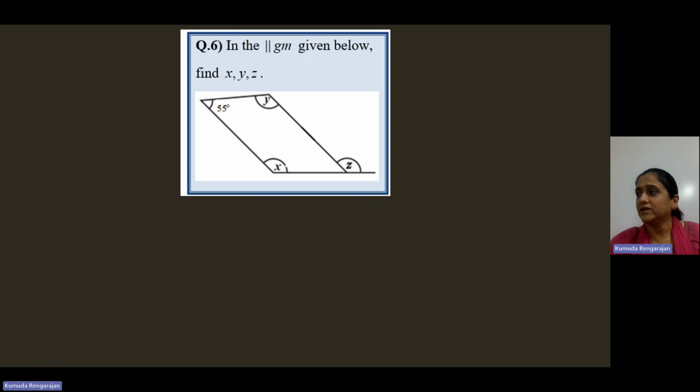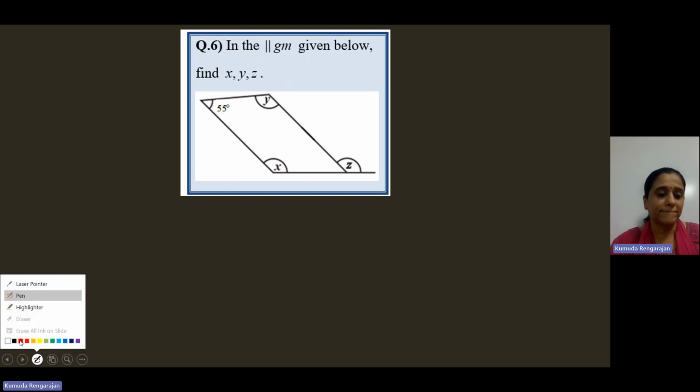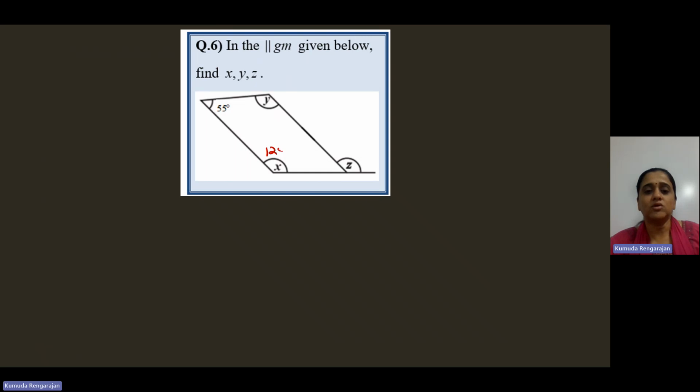X plus 55 is equal to 180. So X is equal to 180 minus 55, which is 125 degrees. So Y is equal to 125 degrees because opposite angles are equal. Very good. Then Z?